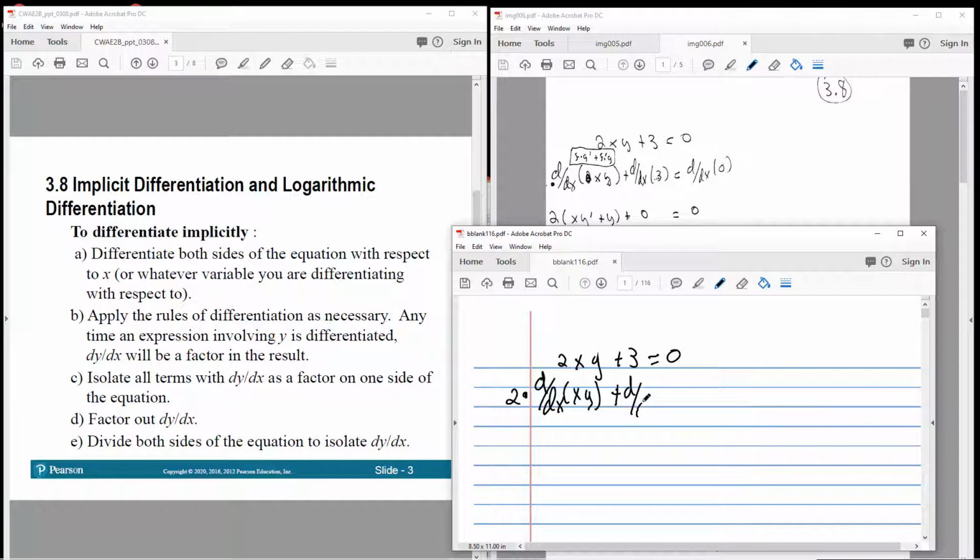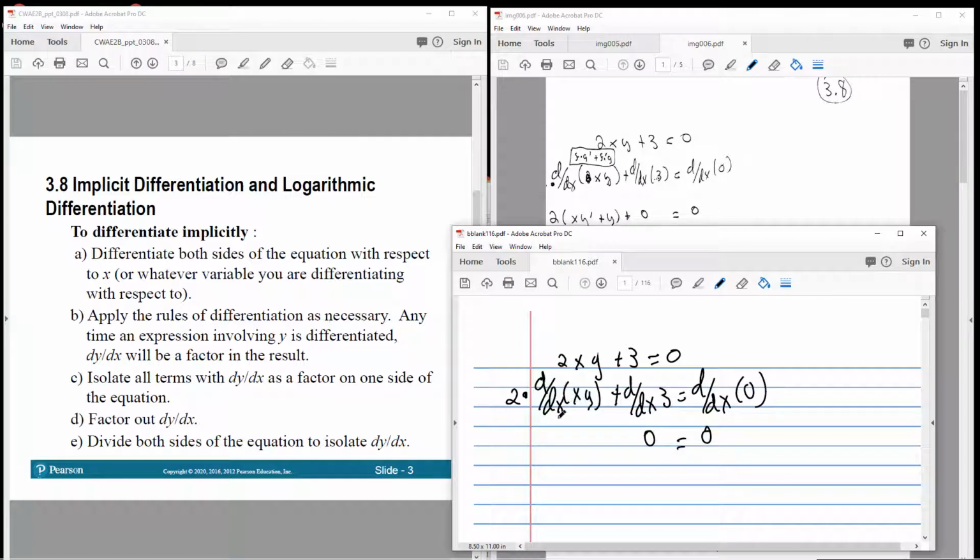Plus I'm taking the derivative of 3, and I'll be taking the derivative of 0. Derivative of 0 is 0. Derivative of a constant is 0.